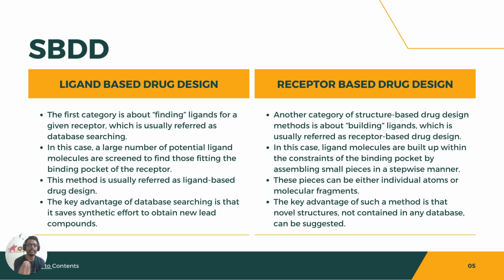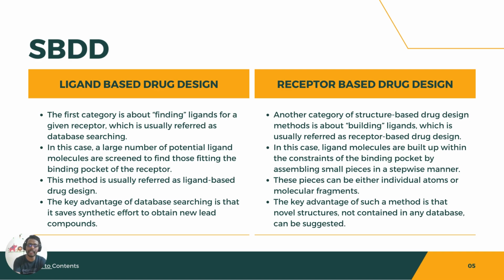So piece by piece, the ligand molecules are built based on the active sites of the receptors. These pieces can be either individual atoms or molecular fragments, and when they are properly arranged or properly bound, then based on that, the receptor drug design will be done.